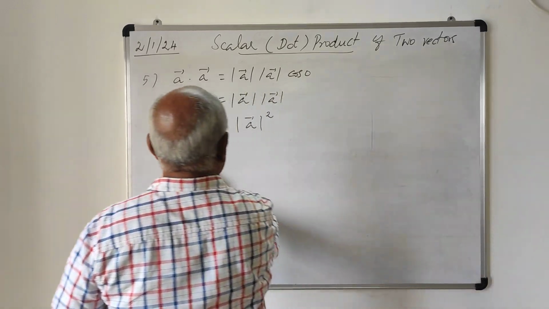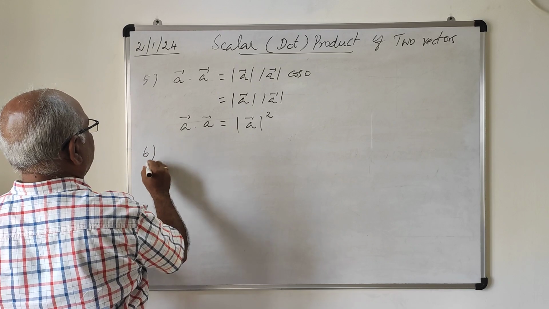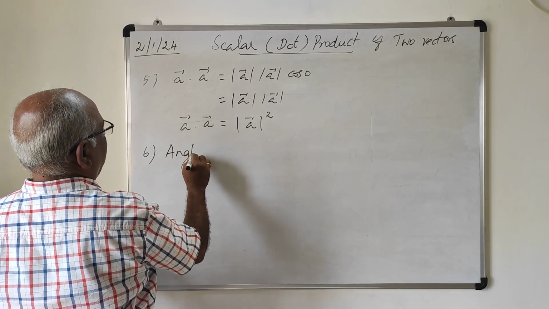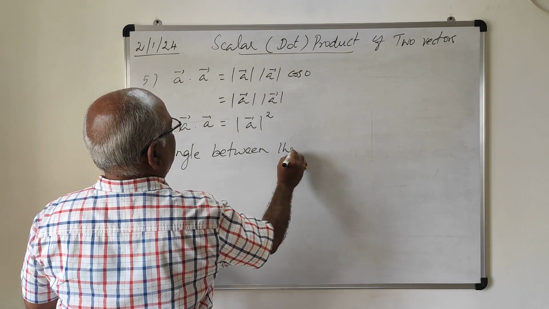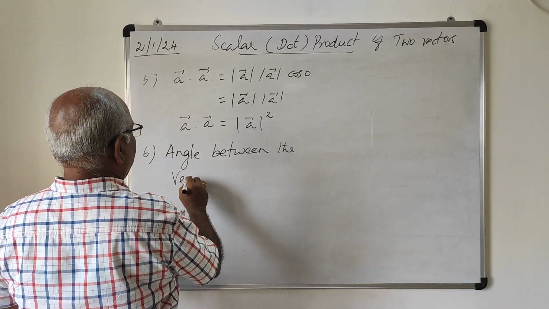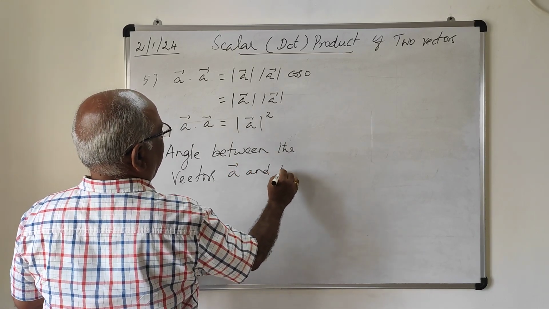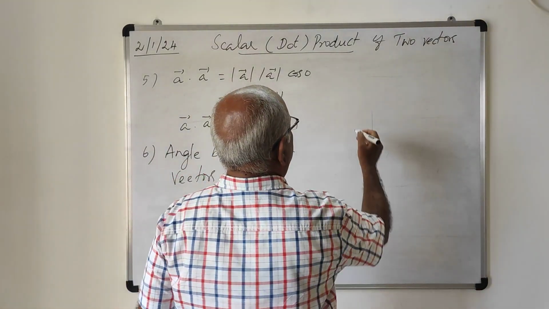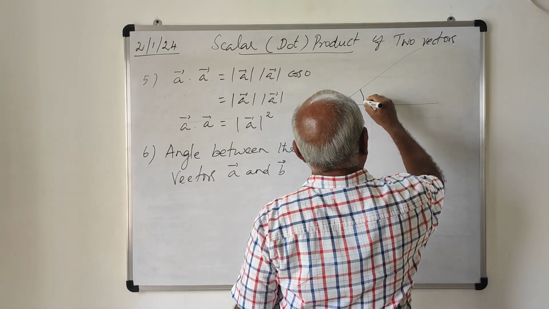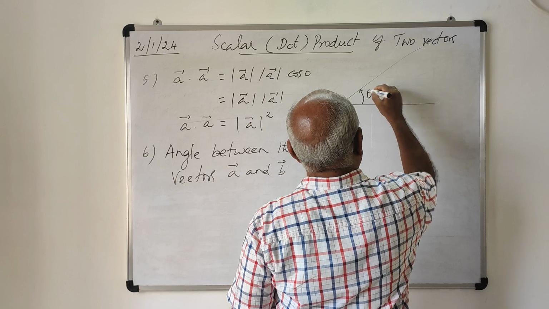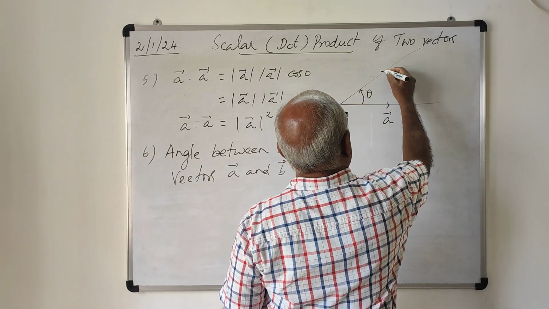Next, angle between the vectors A and B. See, you know this is theta, A vector from the origin, this is B vector.